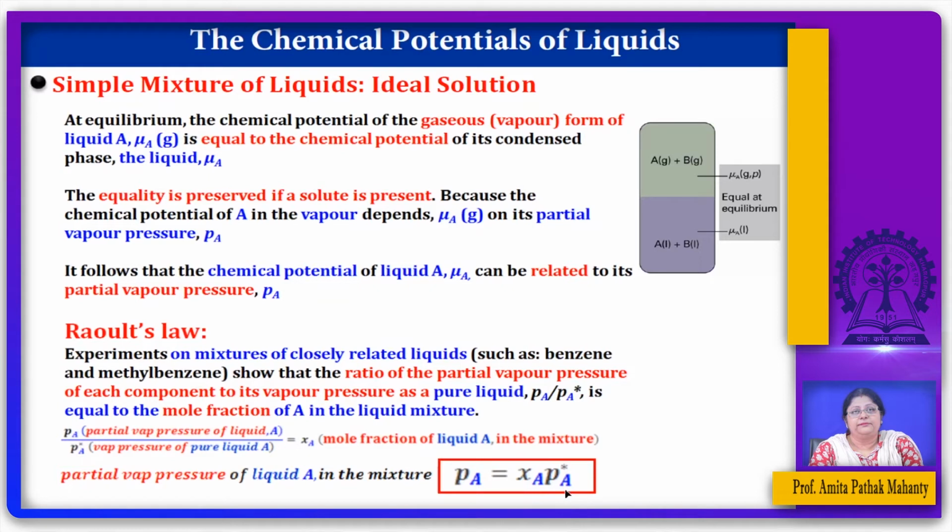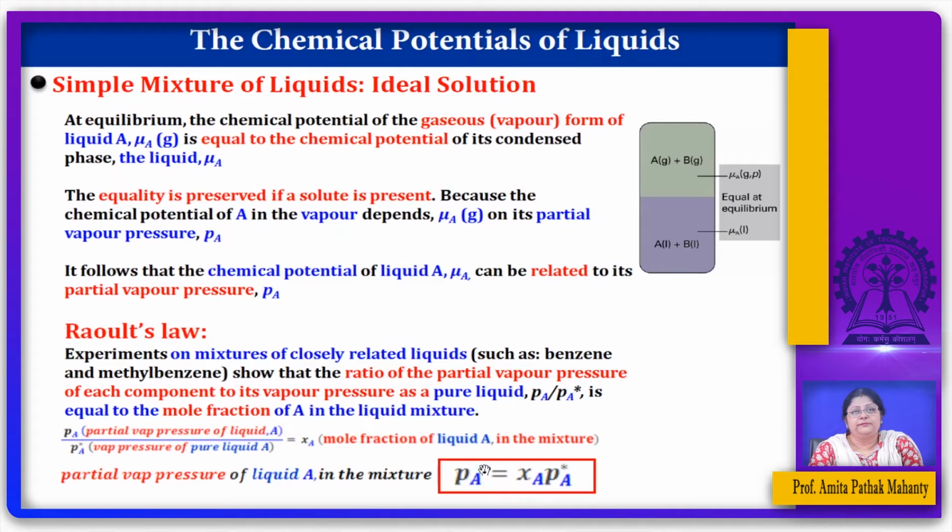Now what about the other component, component B? Will component B also have a similar expression? What Raoult's law showed is that not only component A, which is in large excess, but also component B, which is in minor amount, will have the same equation valid.